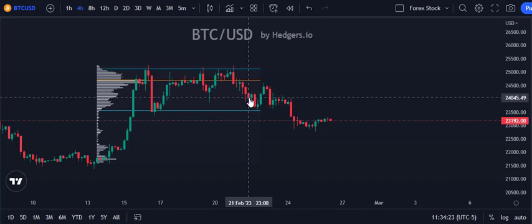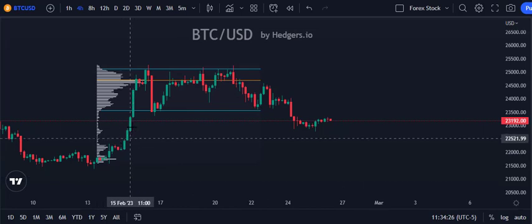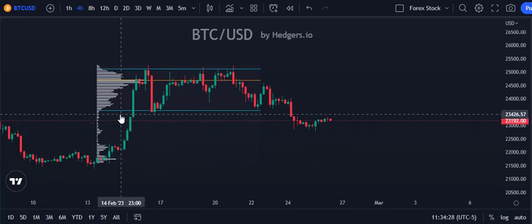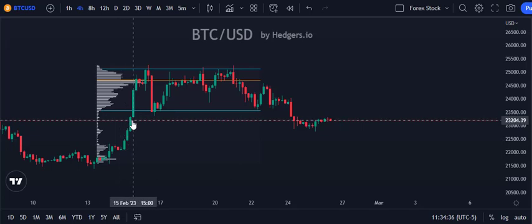The lower portion of a P profile is long and thin. Long and thin price, you can say, has some inefficiencies there as well, and it represents low volume rejection.